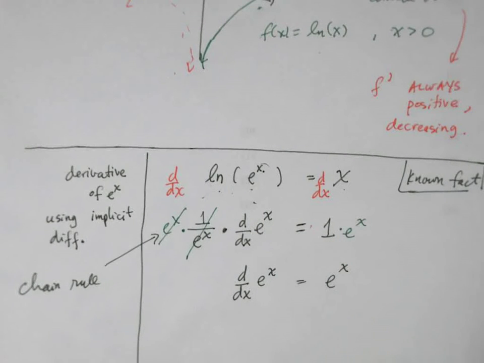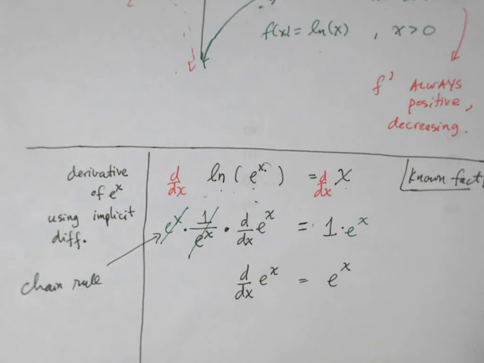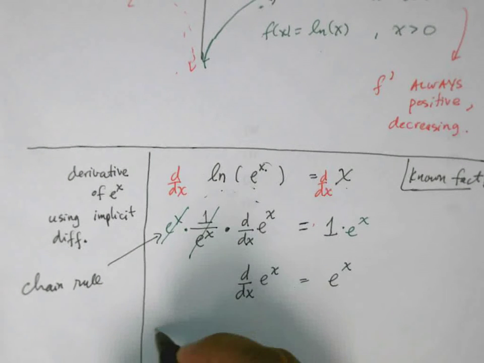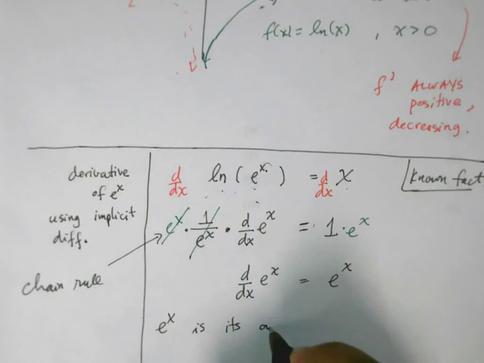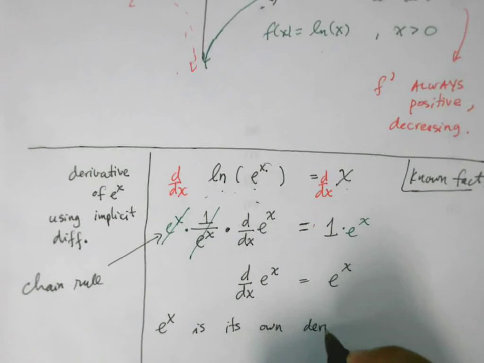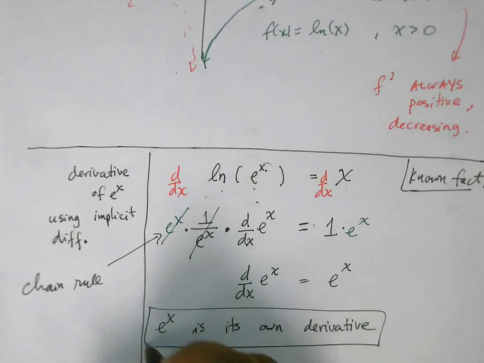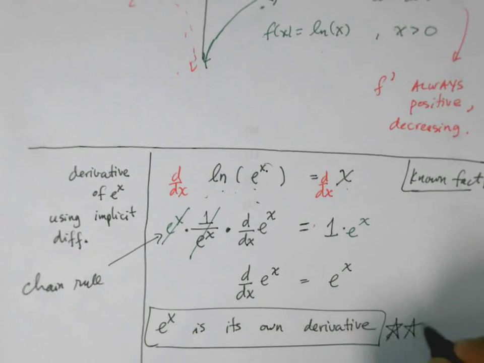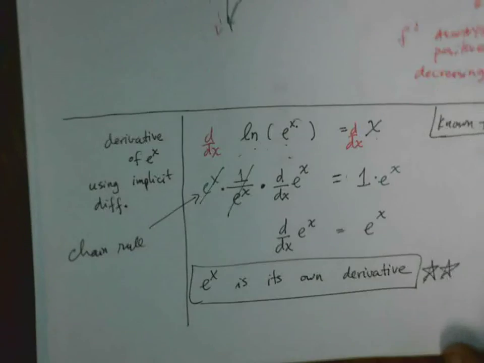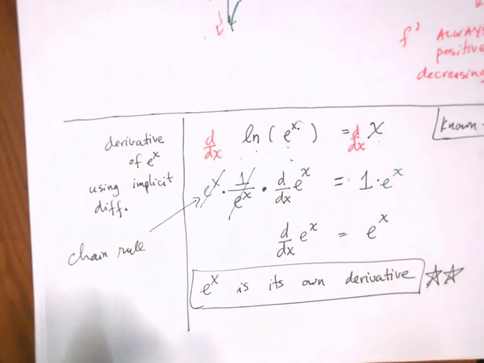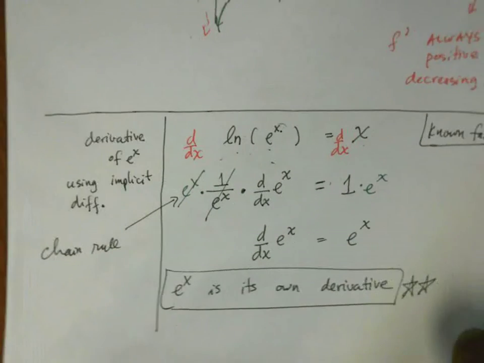This is truly amazing because it says that e to the x is its own derivative. This warrants a star, maybe 2 stars, because that's kind of a big deal. We have a function where its derivative is itself.